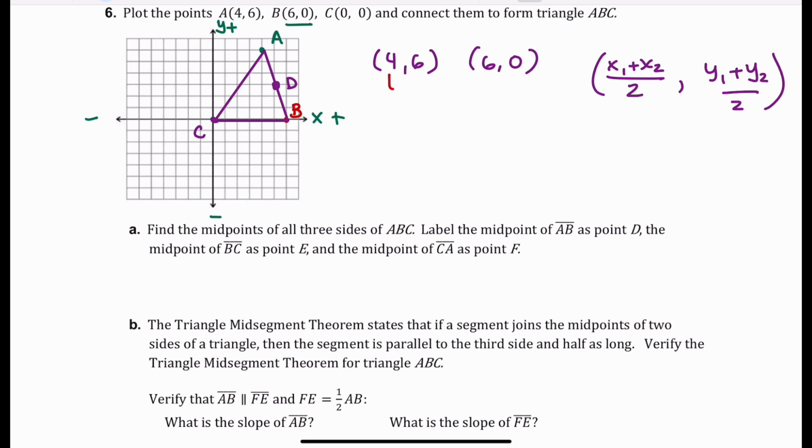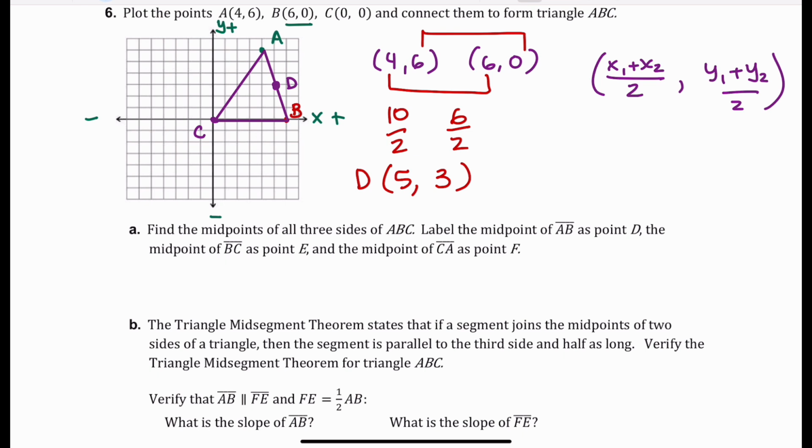So let's add our x's. 4 plus 6 is 10, and then we take 10 and divide it by 2, which gives us 5. Add the y's: 6 plus 0 is 6, divide that by 2, you get 3. This point D would be over 5, up 3. So D is the point (5, 3).